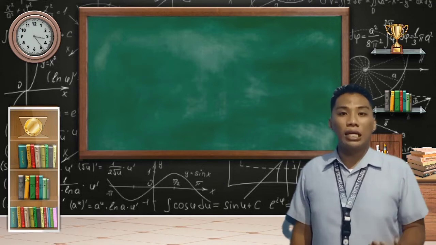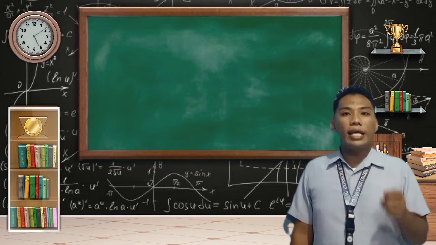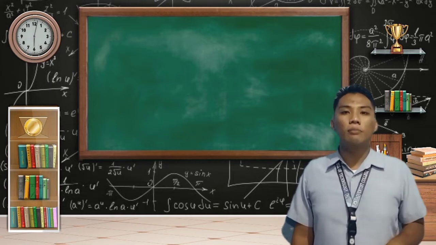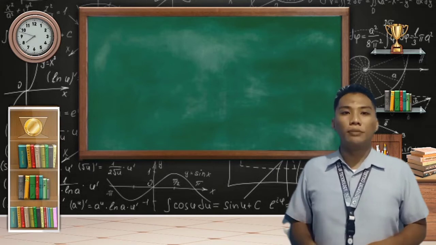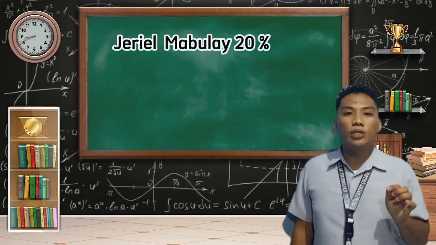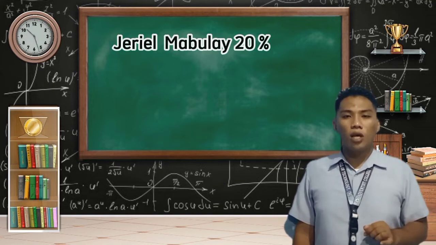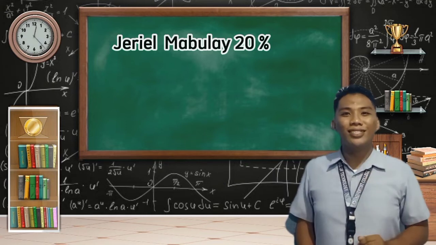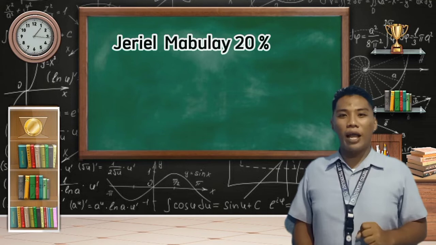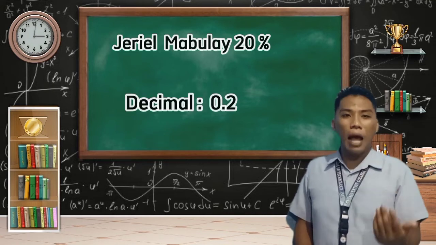In our lesson on decimals, a shortcut in dividing by 100 is to simply move the decimal point 2 places to the left. For example, Mr. Jerel Mabulay garnered 20%. How can we write it as a decimal? Anyone? Very good, children. It can be 0.2. Another example.